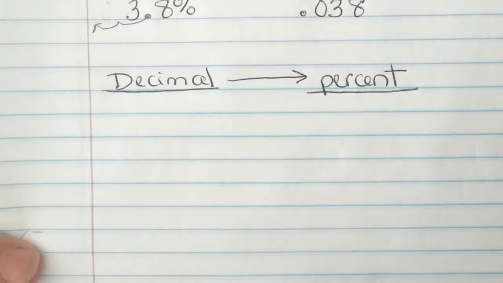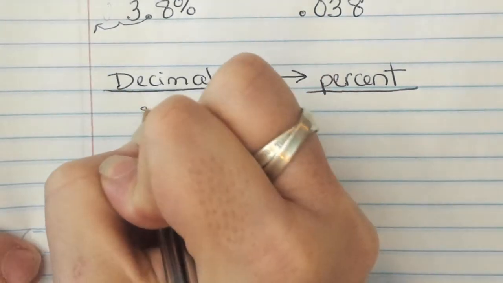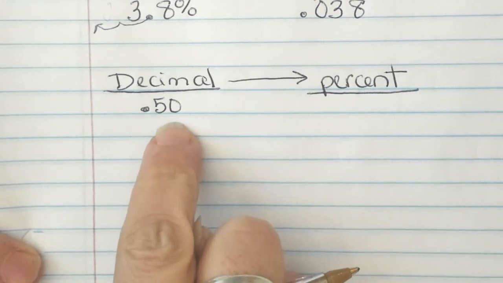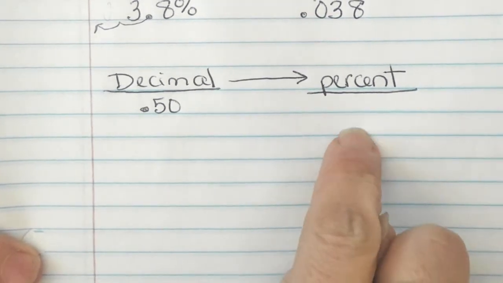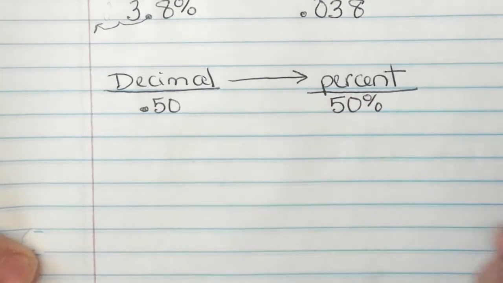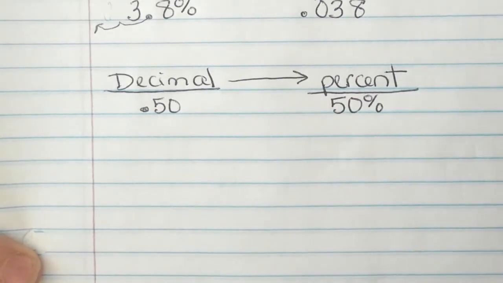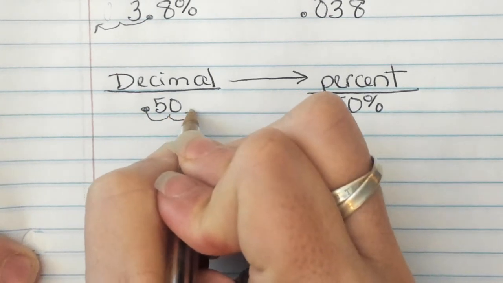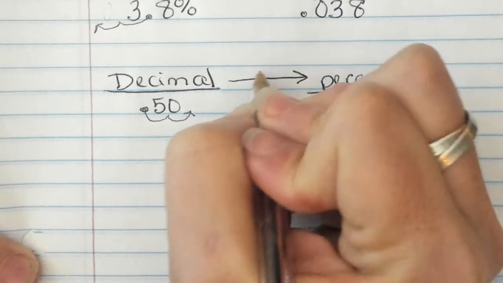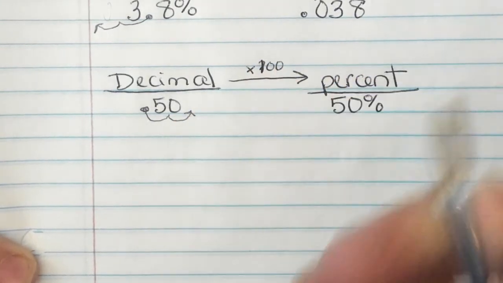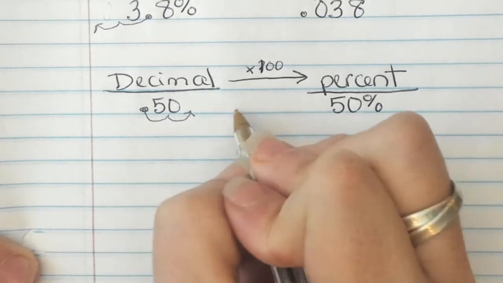I'm going to start out by thinking about my 50 cents again. 50 cents looks like that. 50%, I know, is written like this. So which way do I move the decimal? Right. To the right twice. So pretty much when decimal to percent, it would be to the right, but the other one, it would be to the left.